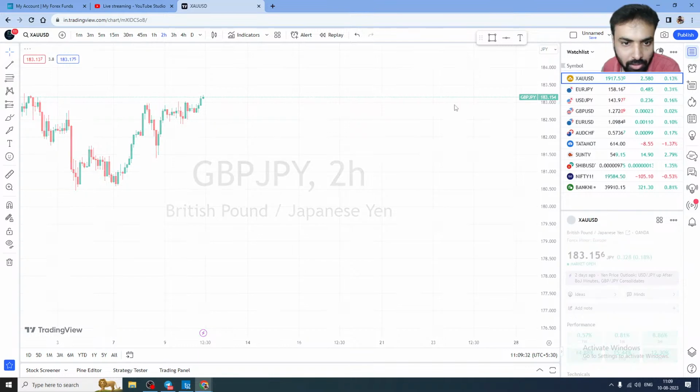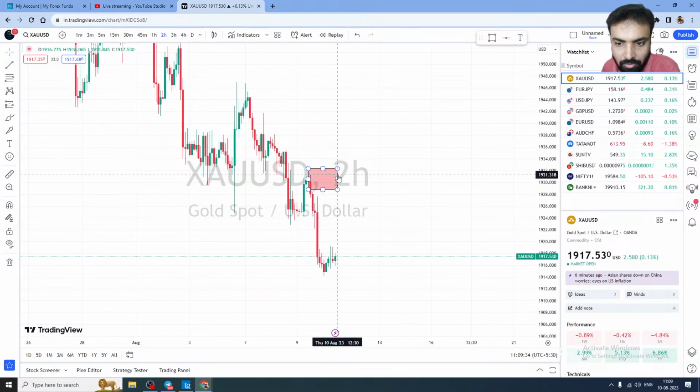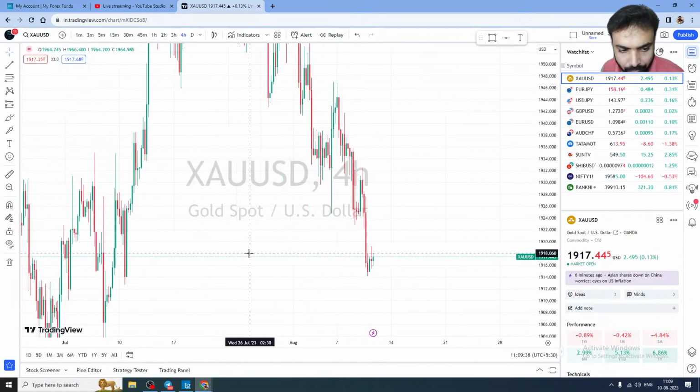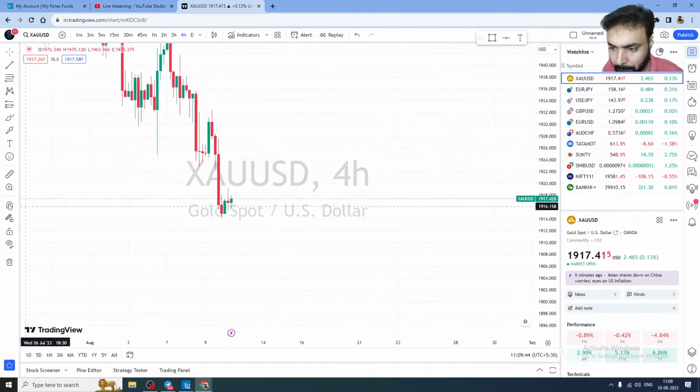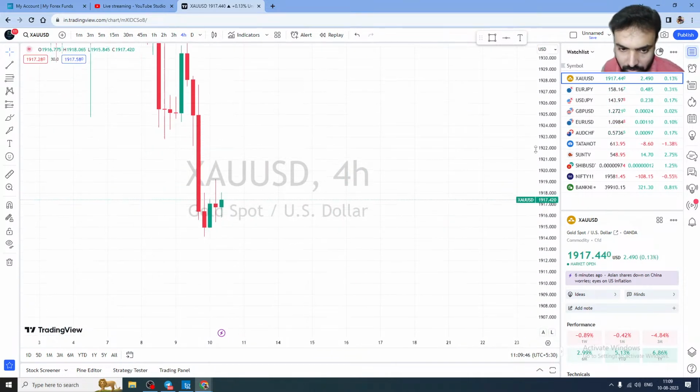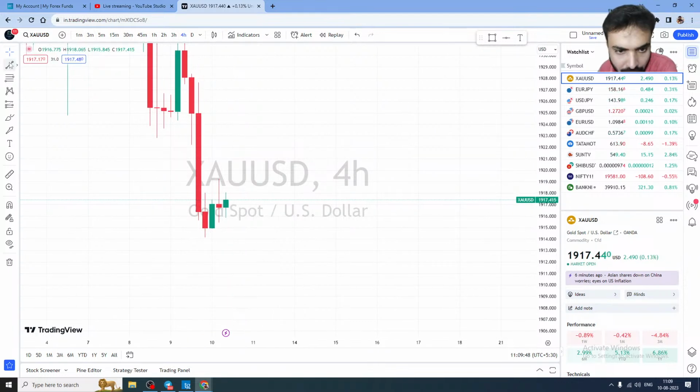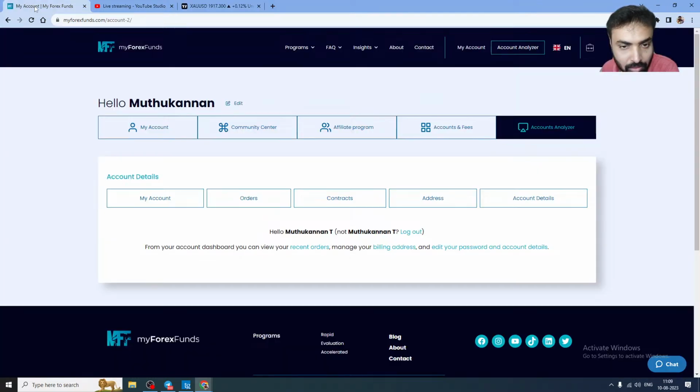Let's take gold. Okay, gold, I think, is already reacting from this bottom level. Gold again created the manipulation, and the manipulation is being tested, and gold is reacting from that level.